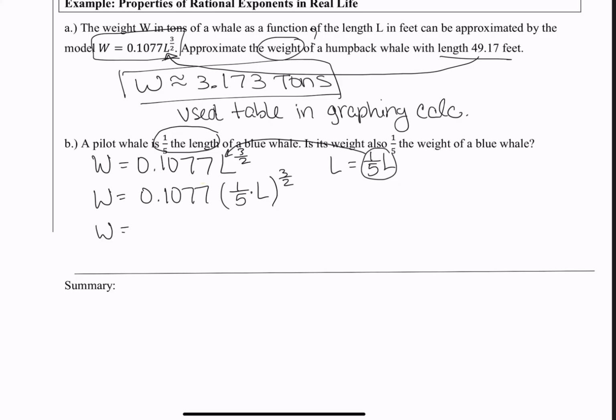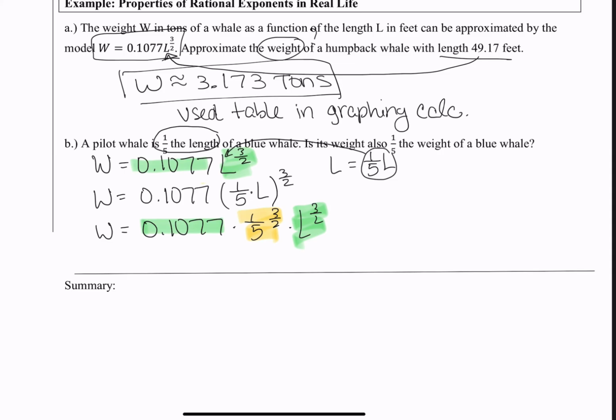So I really end up with 1/5 to the 3/2 times L to the 3/2. The things that have not changed from our original weight formula of a whale are the factor of 0.1077, which is exactly the same, and the factor of L to the 3/2, which is exactly the same. The thing that has changed is that factor of 1/5 to the 3/2.